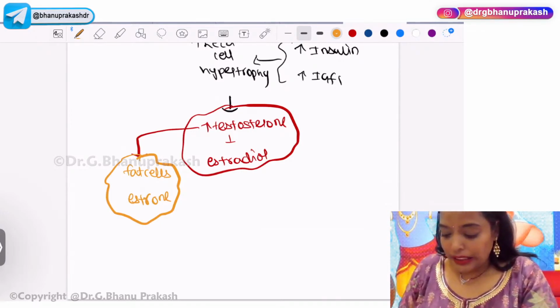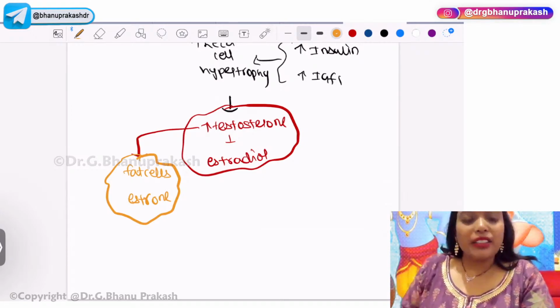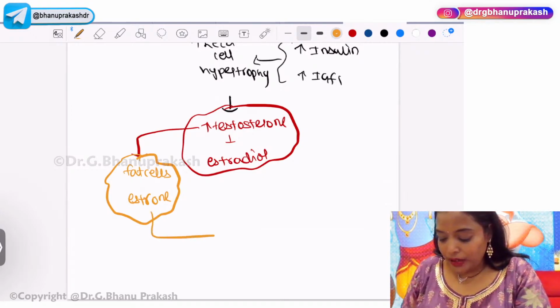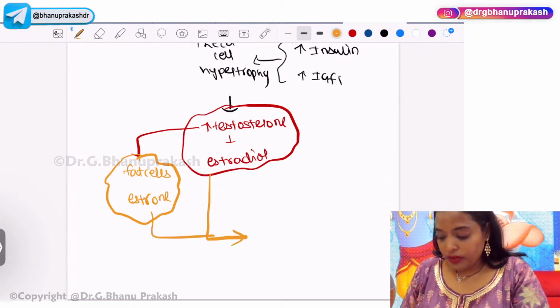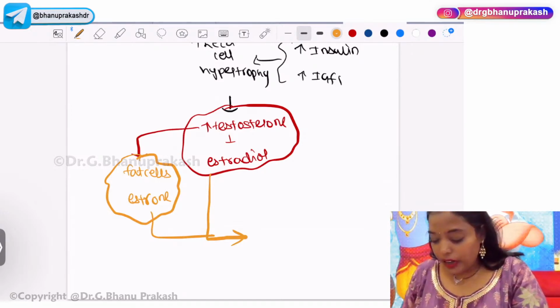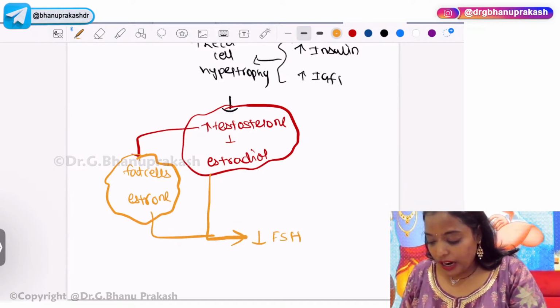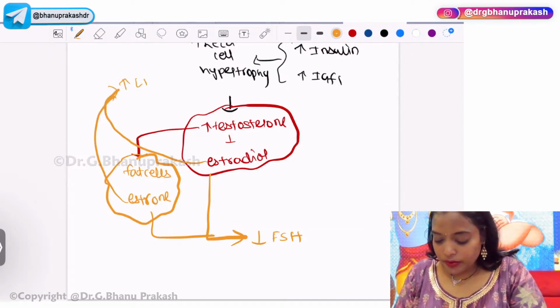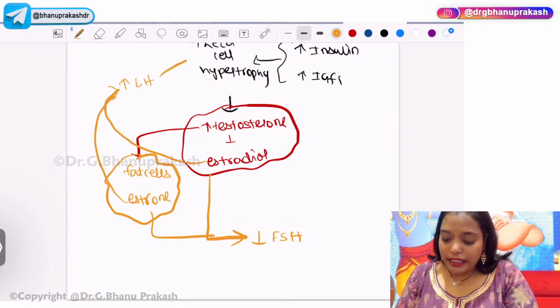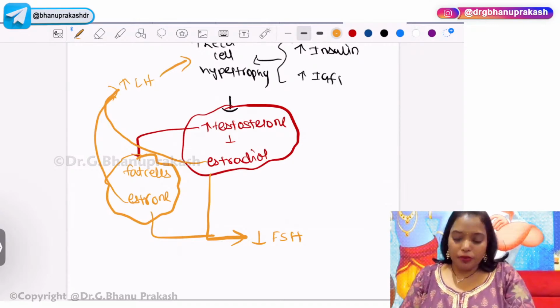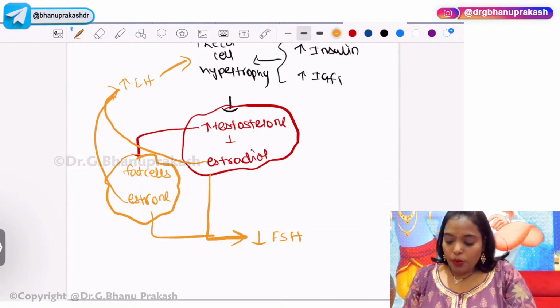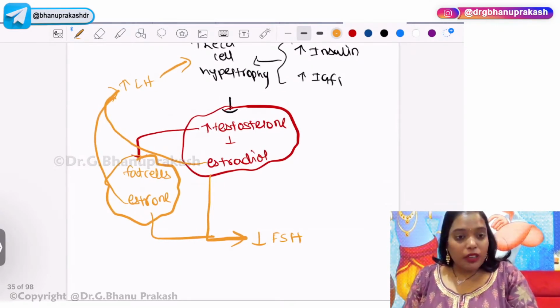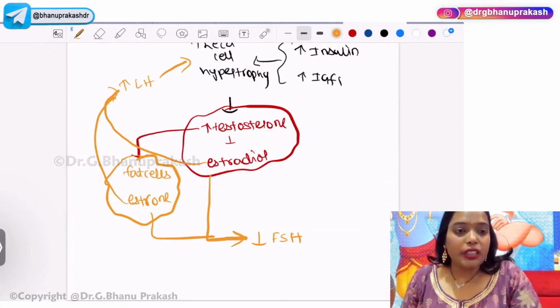Now this estradiol or estrone, both create a high estrogenic state. In the high estrogenic state, what will this lead to? This will downregulate the FSH and upregulate the LH. And that in turn again will lead to theca cell hypertrophy. So both estradiol and estrone will downregulate the FSH and upregulate the LH, which will again lead to theca cell hypertrophy.